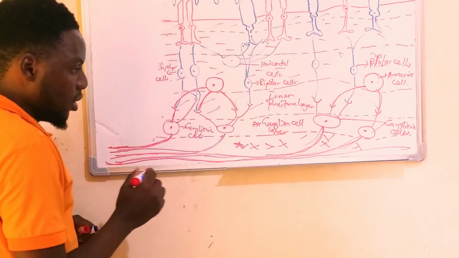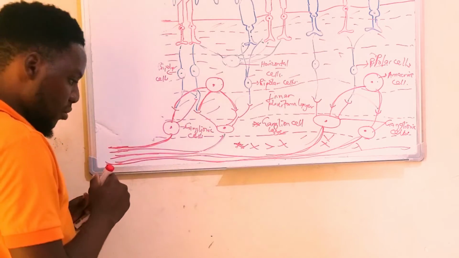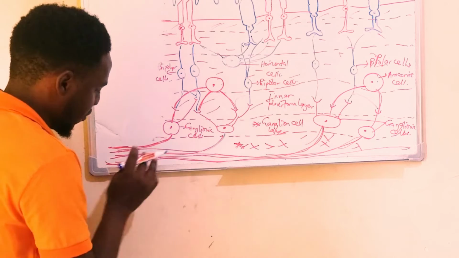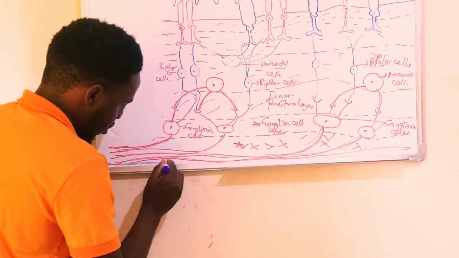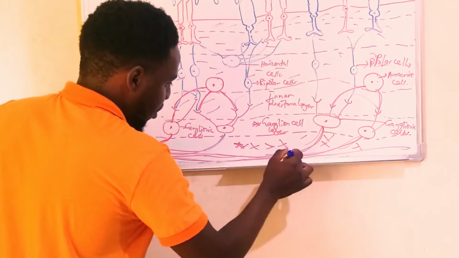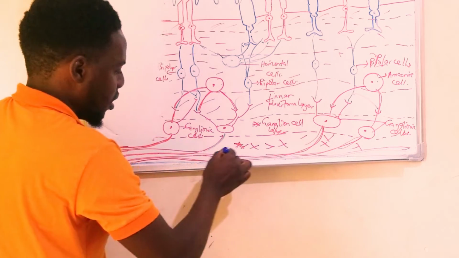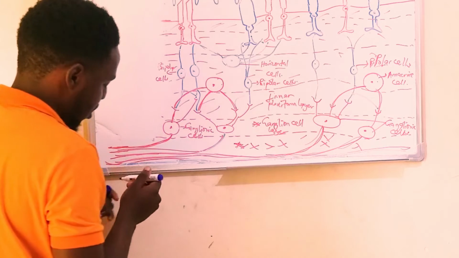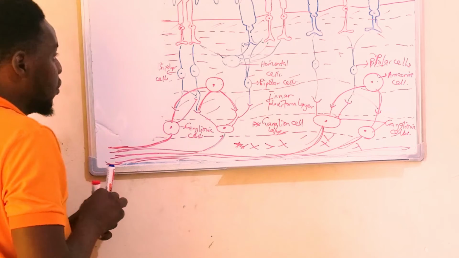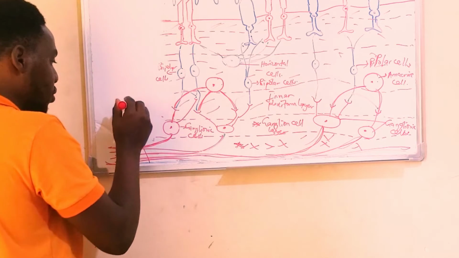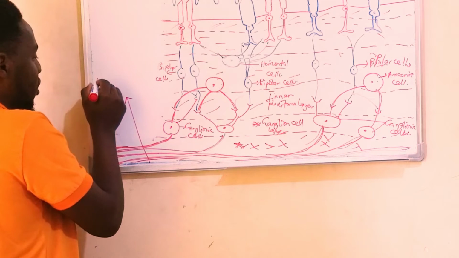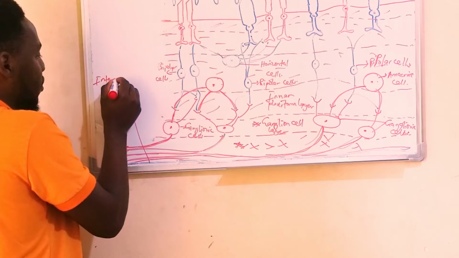Then the tenth one, though not that visible, but we can try and make it visible, is this bluish part here, just beneath this bluish layer. I hope it's visible. This bluish layer that you are seeing at the bottom is the internal limiting membrane.